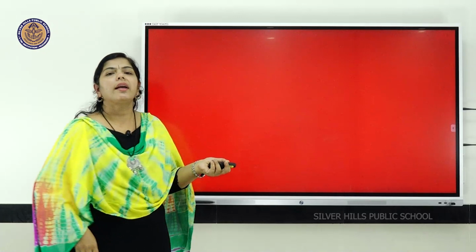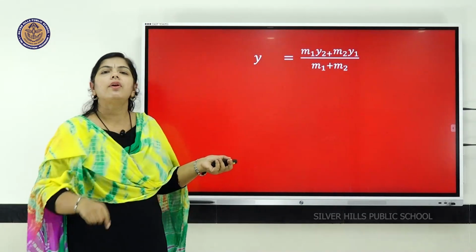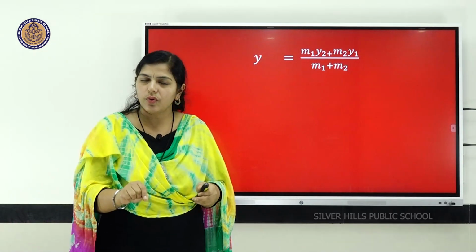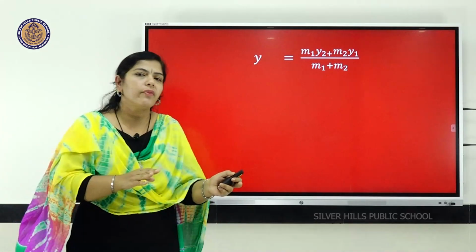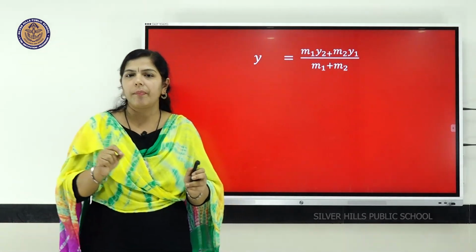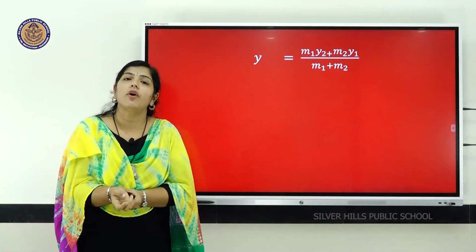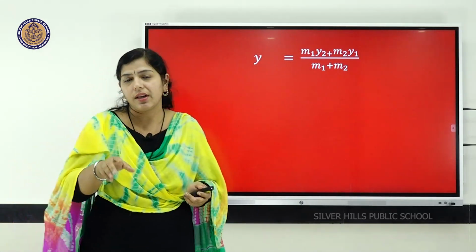Now, we will see the y coordinate, that is y equals (m1 y2 plus m2 y1) whole divided by (m1 plus m2). Since we are repeating the formula many times, it will be clear in your mind, it will always be there.